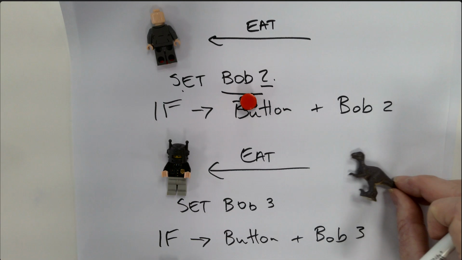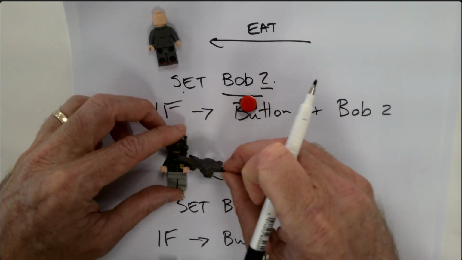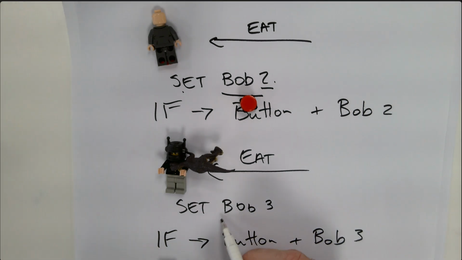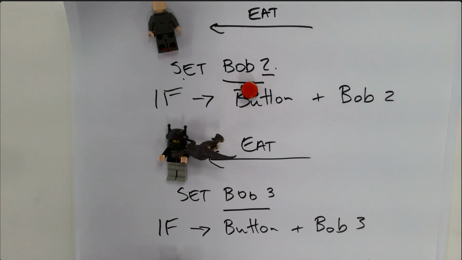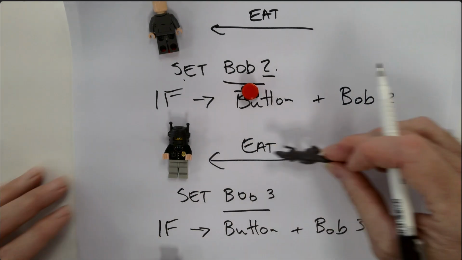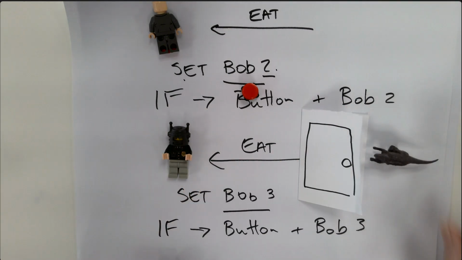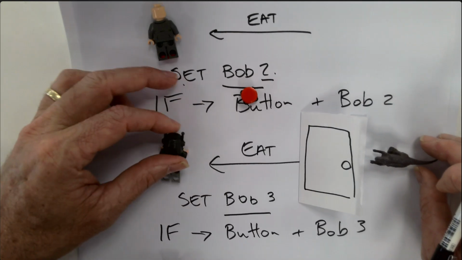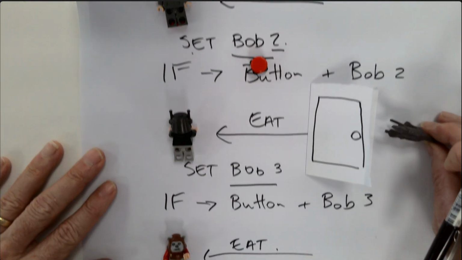The door's open, and in comes the dinosaur, yum yum yum, starts eating away, and Bob is now set to 3. Now the dinosaur has to leave because the door's shut. We can't eat that guy, but by this time he's cooked.